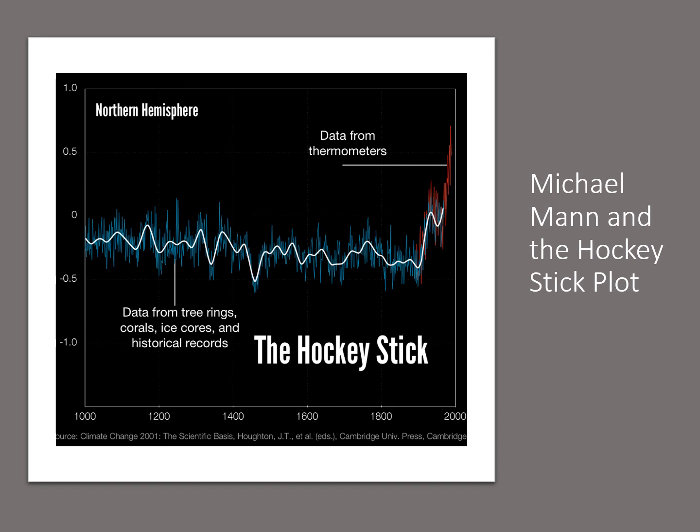This plot was developed by a team of scientists led by Michael Mann and is often referred to as the hockey stick. The plot clearly shows that temperature remains relatively constant from 1000 AD until approximately 1900, when temperatures increase rapidly.